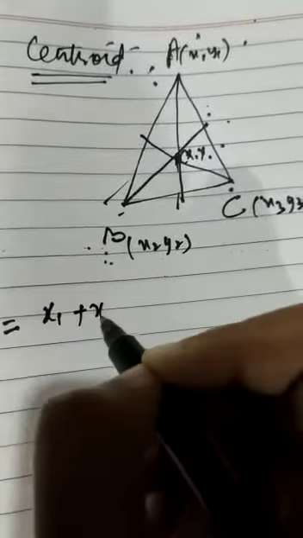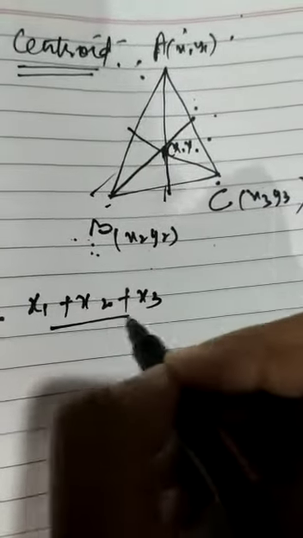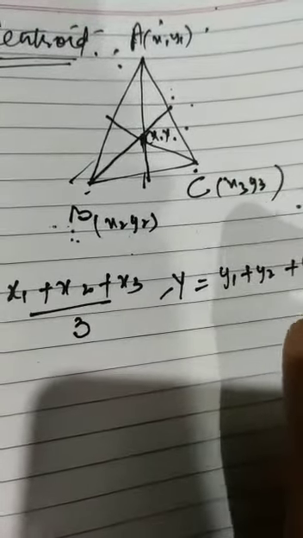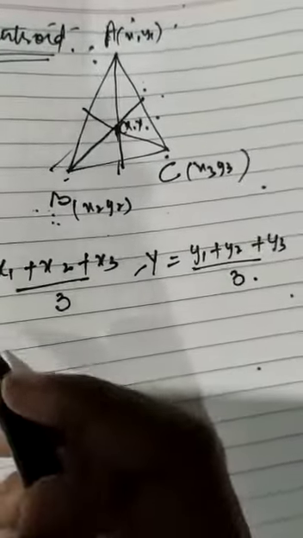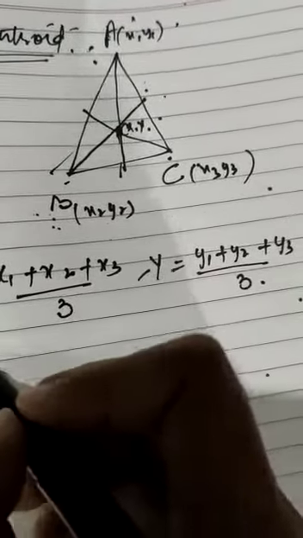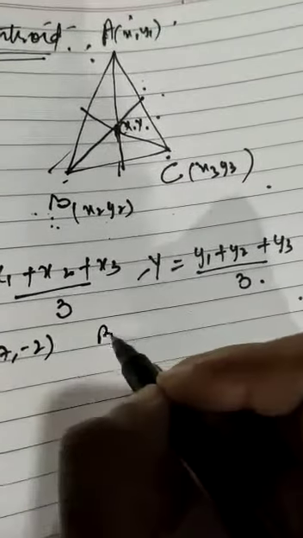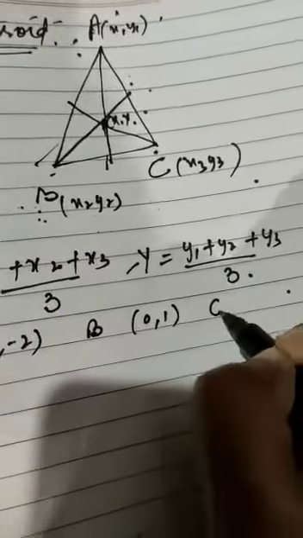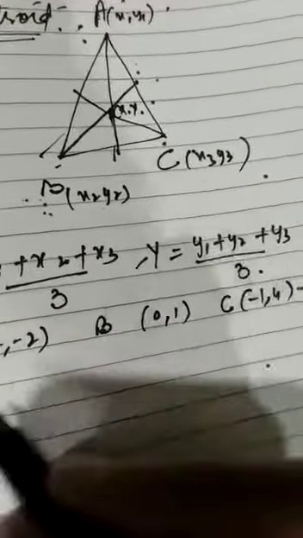Now this centroid we can find by using X equals (x1 plus x2 plus x3) by 3, Y is (y1 plus y2 plus y3) by 3. Suppose you are given the coordinates of A as 7, -2, coordinates of B as 0, 1, coordinates of C as -1 and 4.